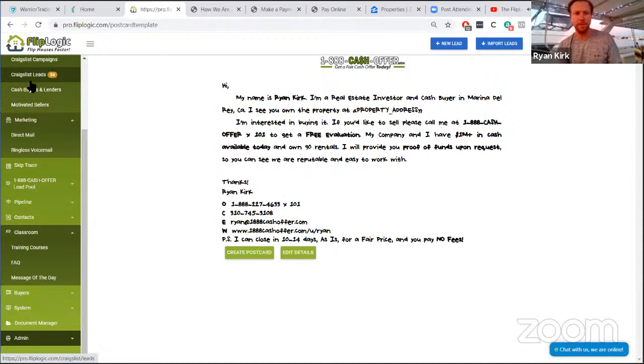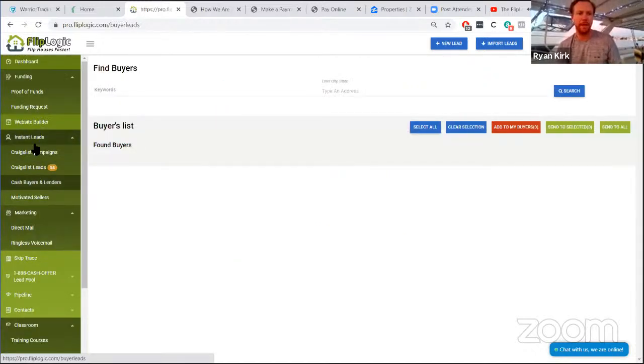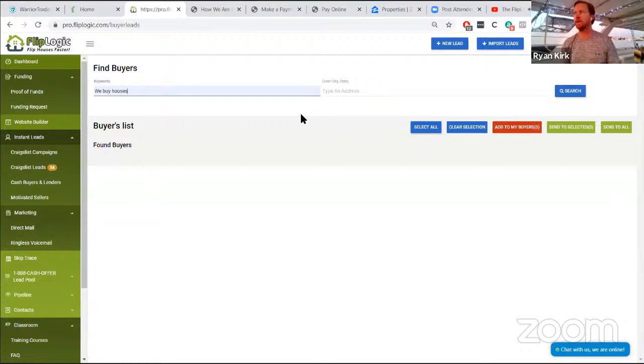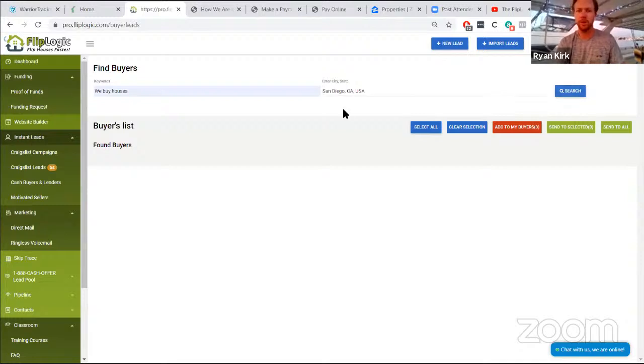But if you need to build your buyers list because maybe you just don't quite have one yet, I love that under instant leads and cash buyers, I could type in an assortment of keywords that would target cash buyers. But let's just say we buy houses, because that's a pretty commonly used one. And if I wanted to do San Diego, search.